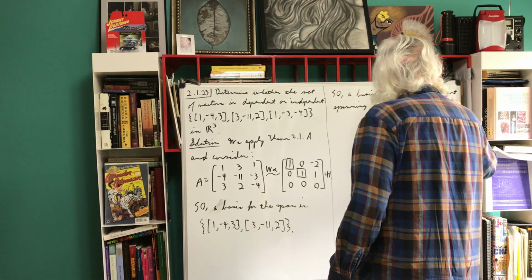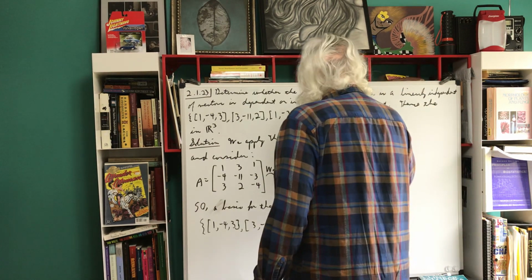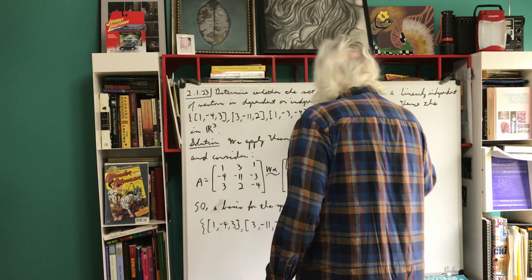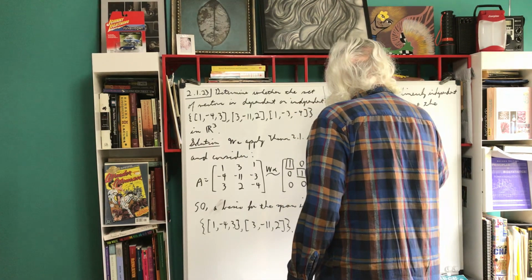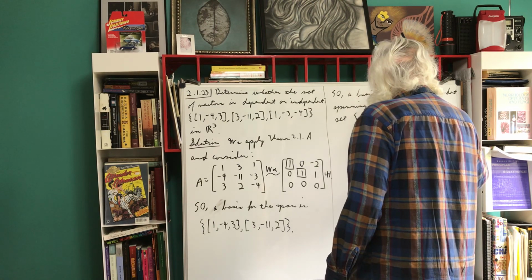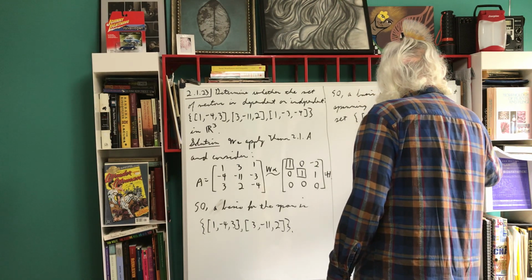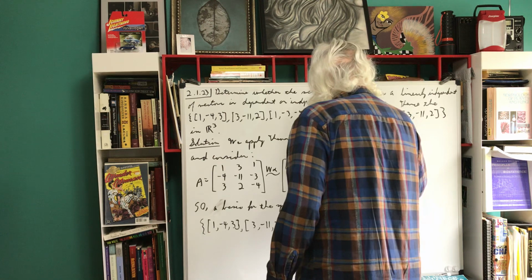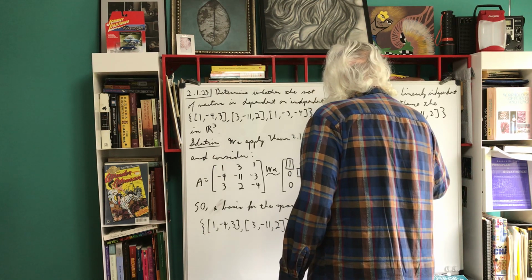Hence, the set consisting of just the first two vectors is a linearly independent set, is an independent set, to abbreviate a little.